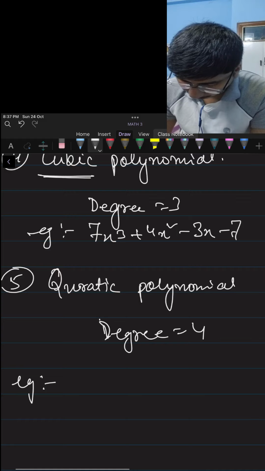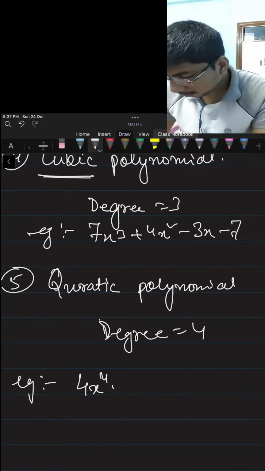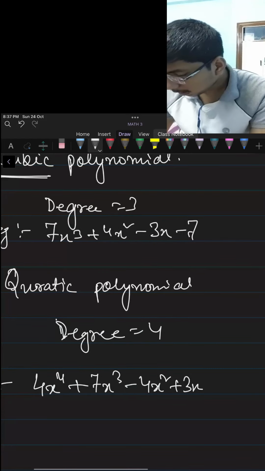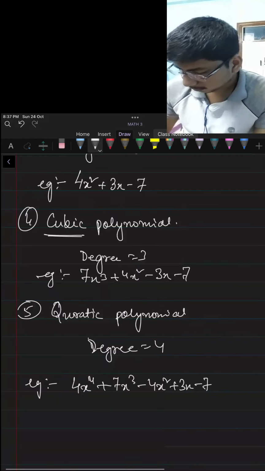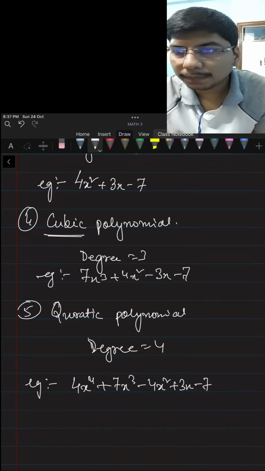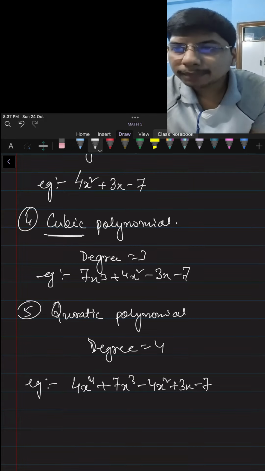Let's take an example like 4x to the power 4 plus 7x to the power 3 minus 4x to the power 2 plus 3x minus 7. Similarly.